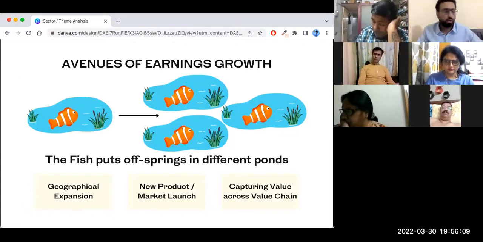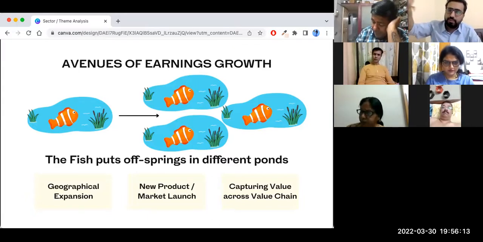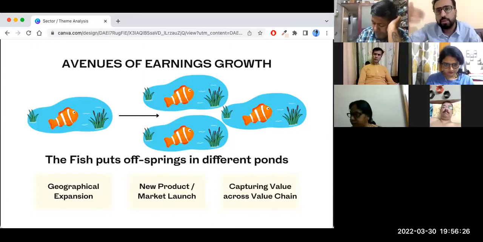Same way also happened with Reliance. They are also diversifying now. Because they realize that almost 80 to 90% of their revenue some 3 years back was only coming from the petroleum refinery business.